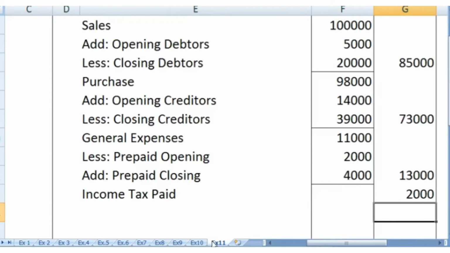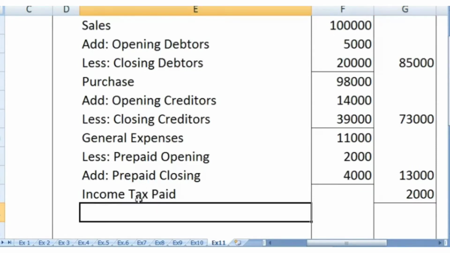Because in the balance sheet there is an entry of tax payable. Opening balance is 1,000 and closing balance is 3,000. So if you add the opening balance 1,000, 4,000 plus 1,000 is 5,000, minus 3,000, that means 2,000 rupees tax paid.